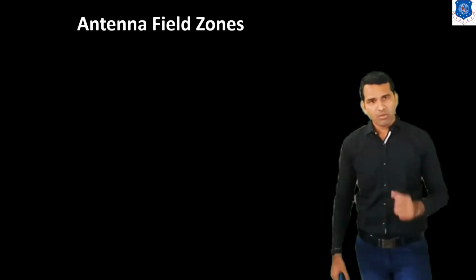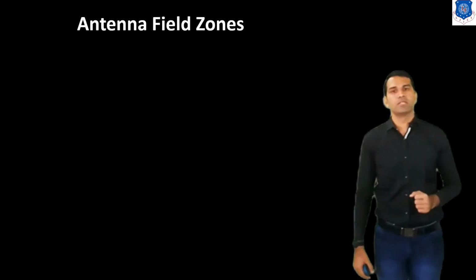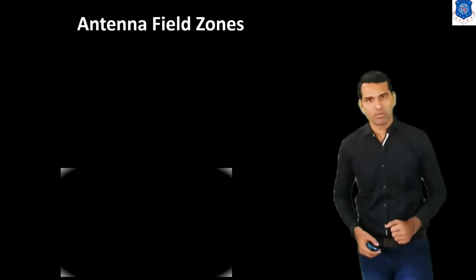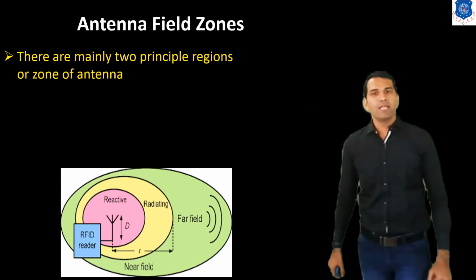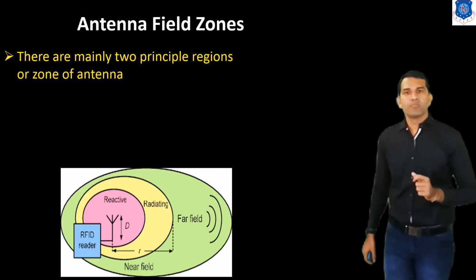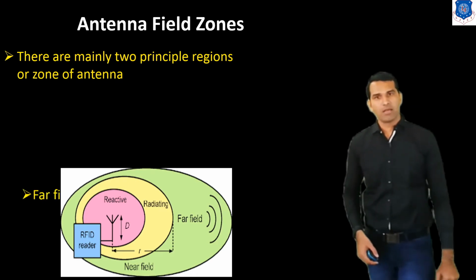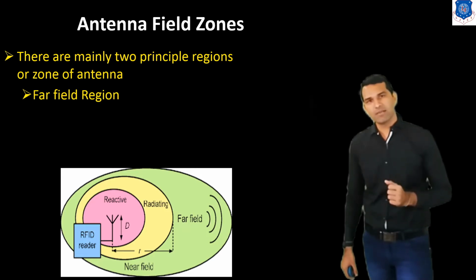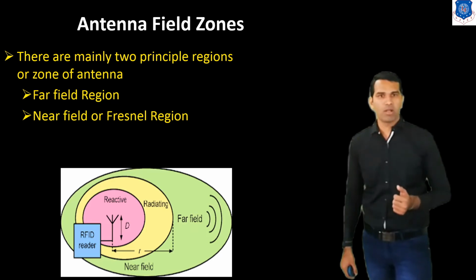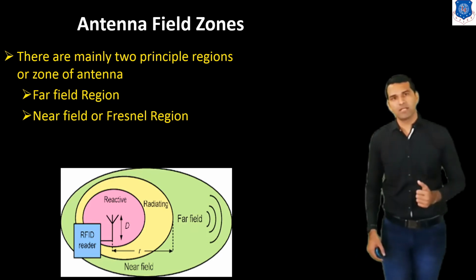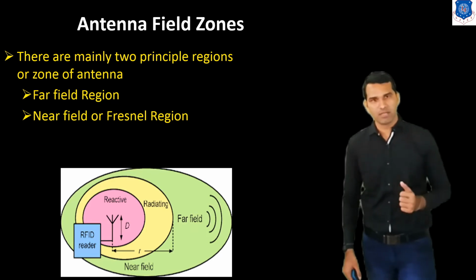Now we discuss the second topic. This is the antenna field zone. There are mainly two principal regions of the antenna. The first one is the far field region, and the second one is the near field region, also known as the Fresnel region or Fraunhofer region.